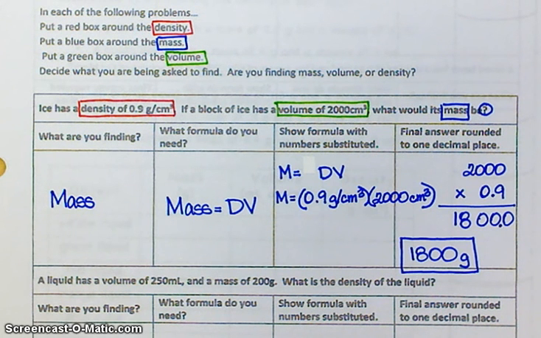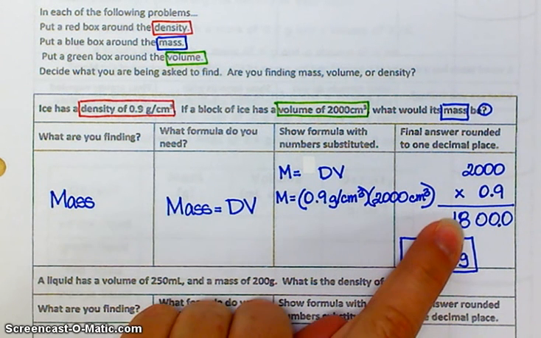I have everything worked out, and this is how I want you to do yours. You've got three more to do. Under show your formula with the numbers substituted, I put the formula, but instead of D and V, I put in 0.9 grams per cubic centimeter for density, and 2,000 cubic centimeters for volume.